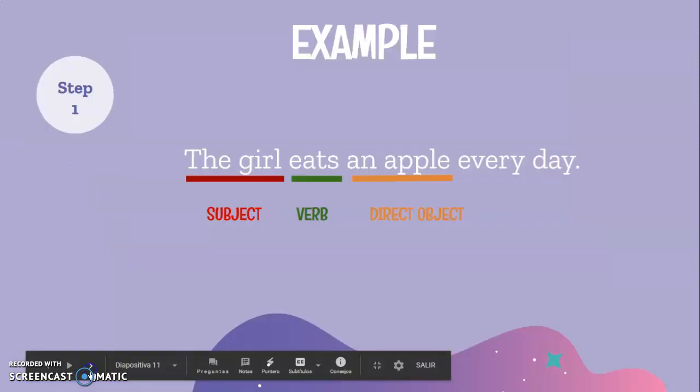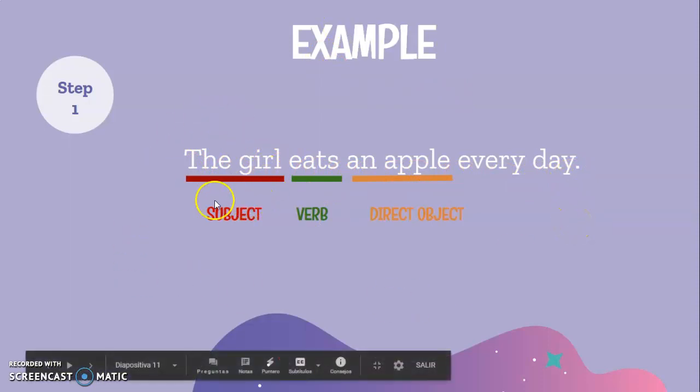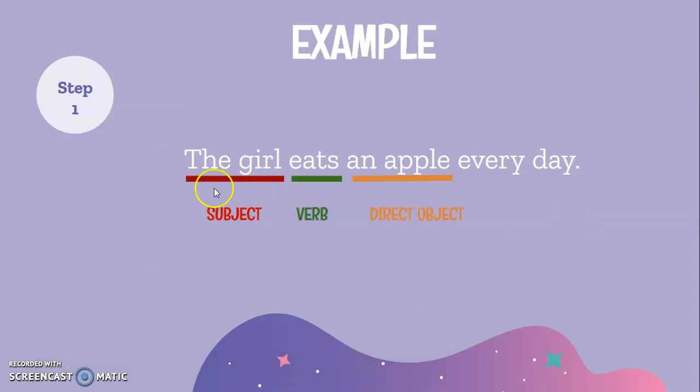Let's see an example. So we have this sentence. The girl eats an apple every day. In this sentence, our subject, the person doing the action, would be the girl. Our verb would be eats, and the direct object would be an apple. Remember that the direct object answers the question, what?